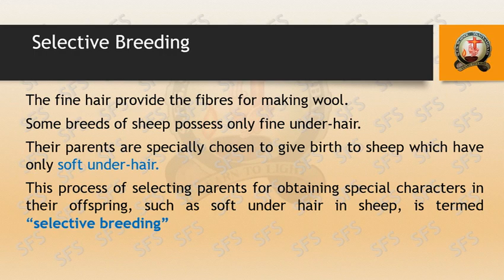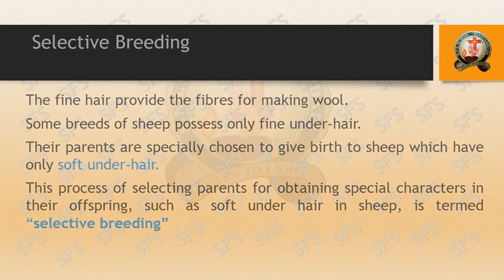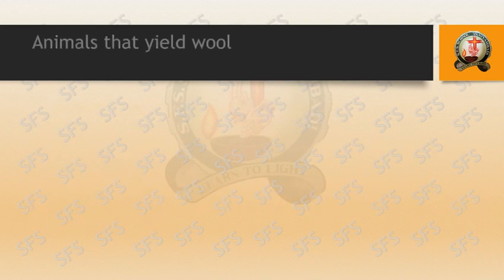The same technique we apply here, by selectively choosing the parents of sheep which have soft fine underhair. Due to that, the family of that sheep will also have soft underhair, which will be easy for us to rear to get wool.